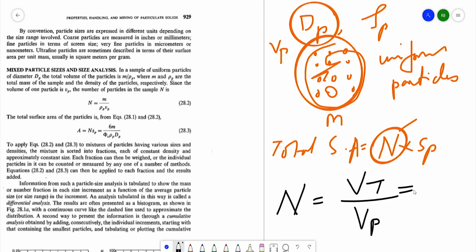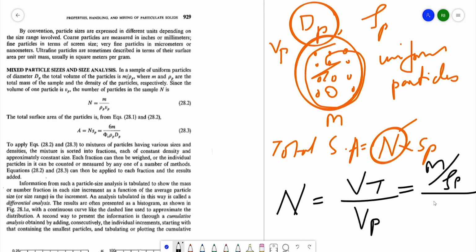So what is the total volume of the sample? Since the density is the same for all the particles, because it is a uniform mixture, and the total mass of the sample is given as m, if you divide the total mass by the density of the particles, then you will get the total volume.